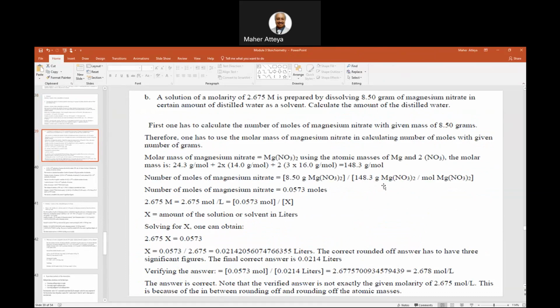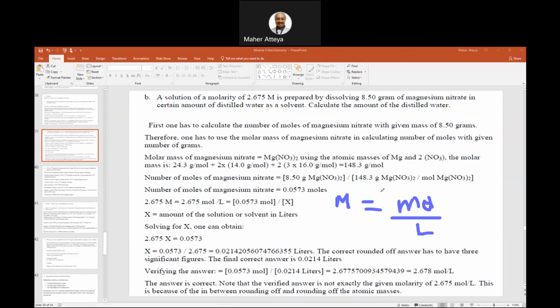So here it is, guys. You know that from every formula you can make more than one formula. So molarity, capital M, is moles per liter, correct? So per volume.